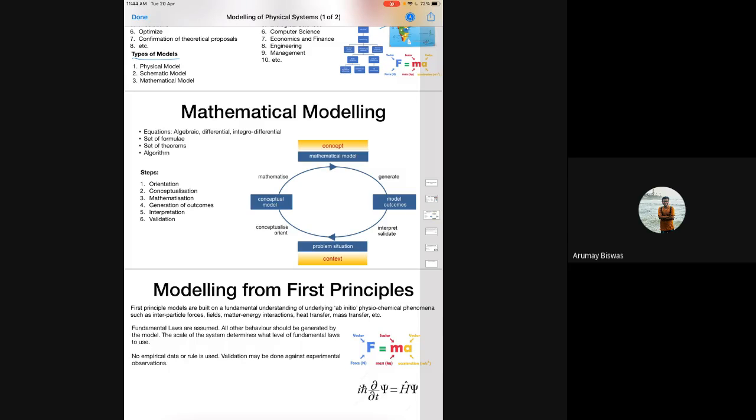Then you conceptualize it, or it is called orientation, in the sense you understand the relevant features of the problem and you frame the question or the problem in terms of either mathematics, if you can, or even qualitatively. You might want to find the behavior of a variable with respect to another variable, but you have to have a specific question before you can construct a mathematical model. One or more. It does not have to be one question, but they must be specific questions.